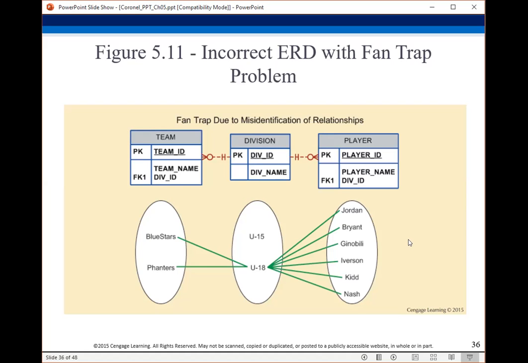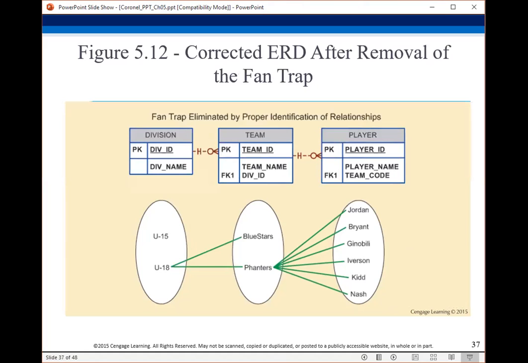So this is an incorrect design. A way to correct it is to have a one-to-many relationship between division and team. Then you can find, okay, for U18, we have Blue Stars and the Panthers. And then go from team to player. For the Panthers, we have these players.